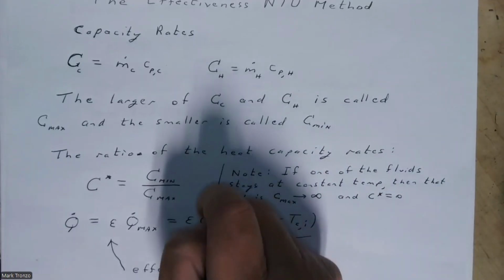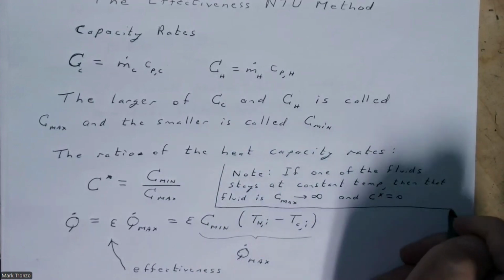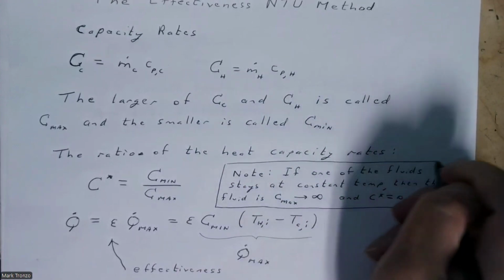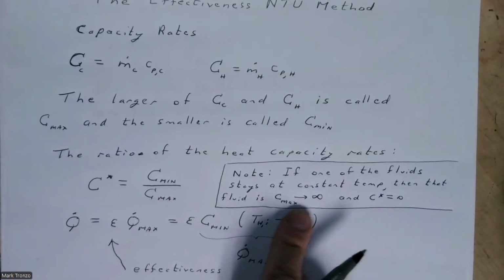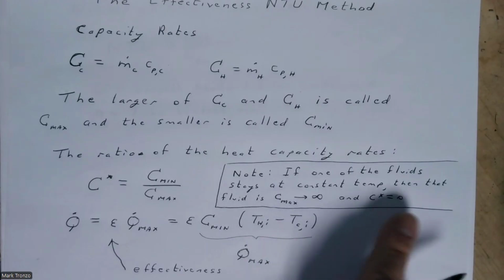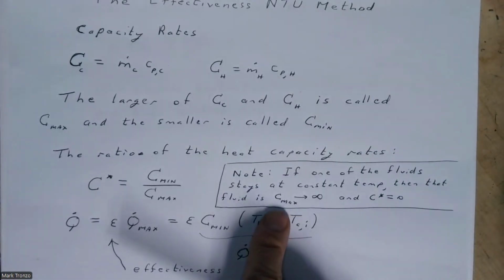Again, that fluid will be the C max, and it'll in effect go to infinity, and then C star will be 0. This will usually happen when you have, let's say, a fluid condensing from a saturated vapor to a saturated liquid. But that's going to come up shortly.